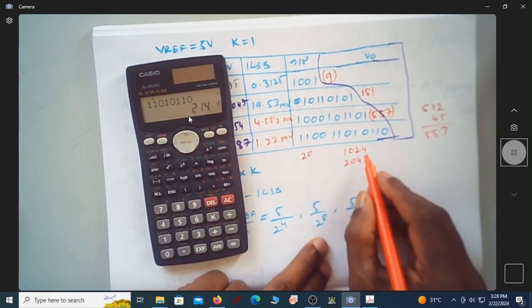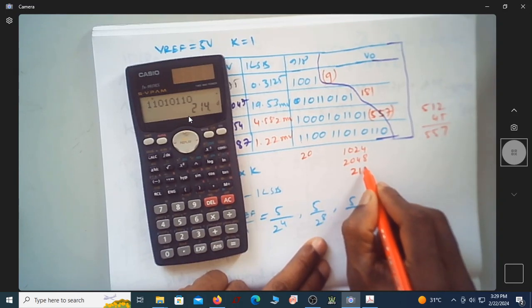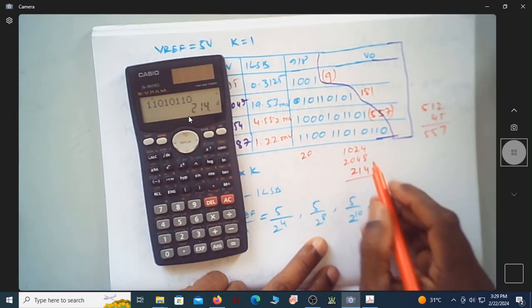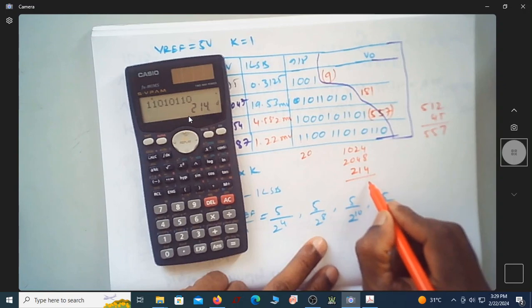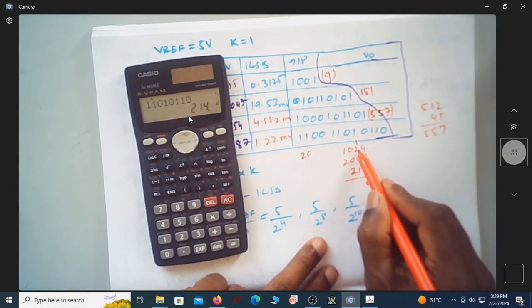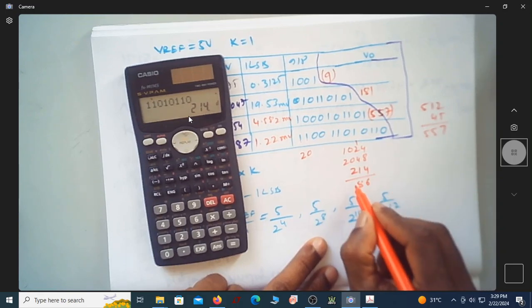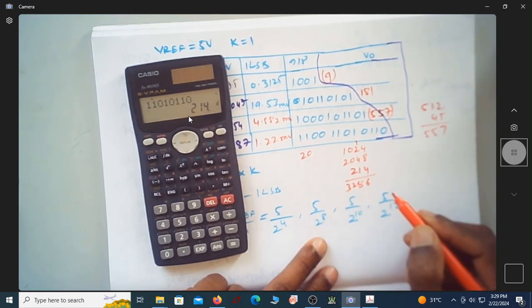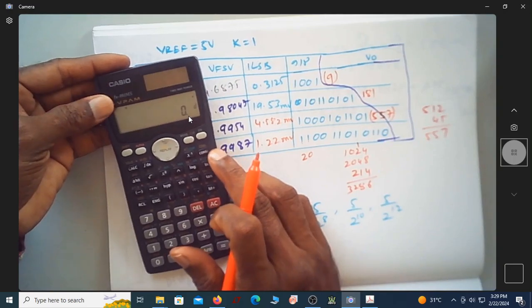So this is now 214, this is the decimal equivalent.